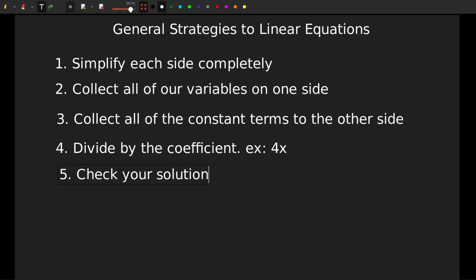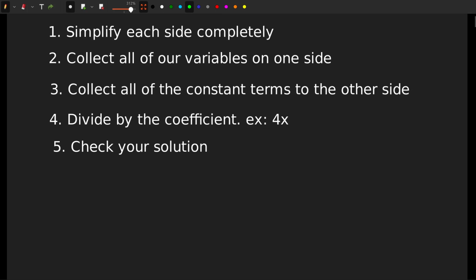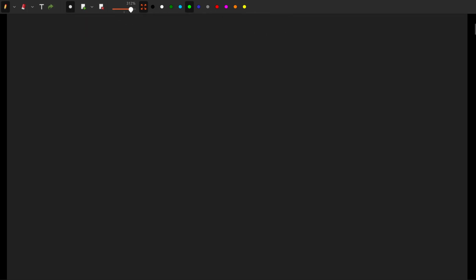It's a little bit extra work, especially on a test, especially if you're working fast and you don't have a lot of time on your hands. You want to make sure you at least get the problems that you're working on correct. All right, we're going to go over a basic example problem now, where I'm going to detail these 5 steps, and then that'll be it for this video.